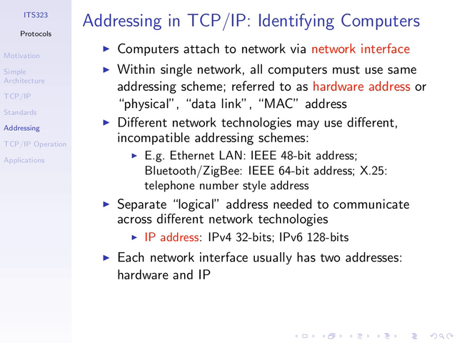In the same network here, everyone uses the same addressing scheme. Different addresses, but the same addressing scheme, the same format of addresses. In a different technology, a different network, we may use a different addressing scheme.